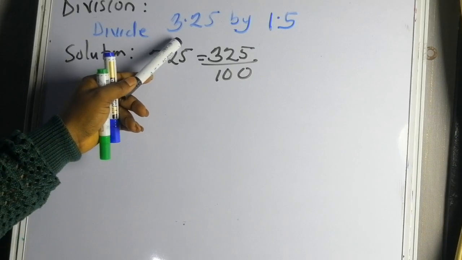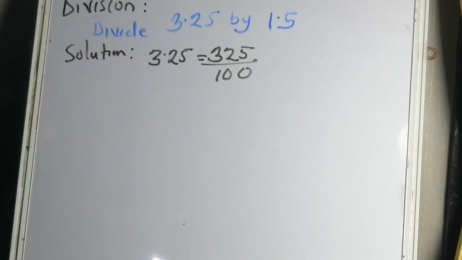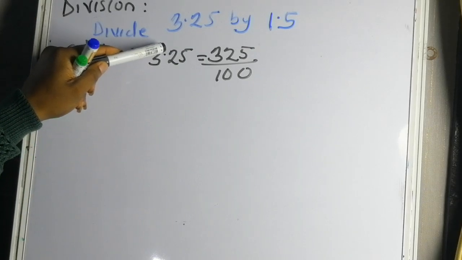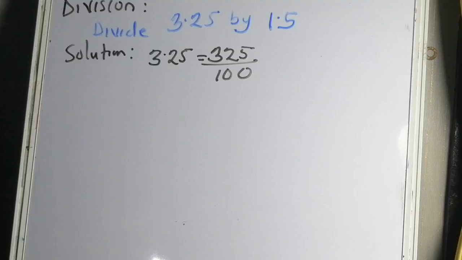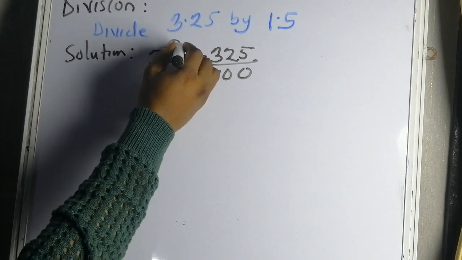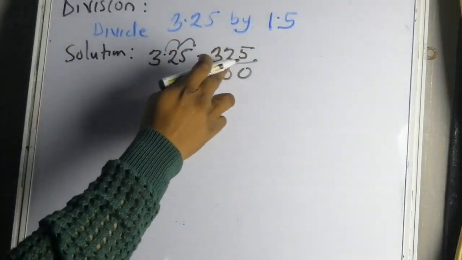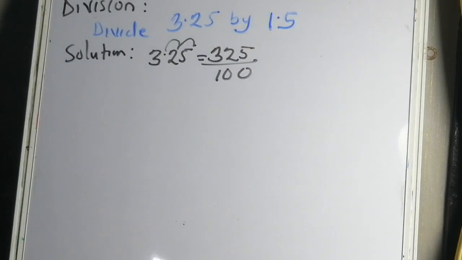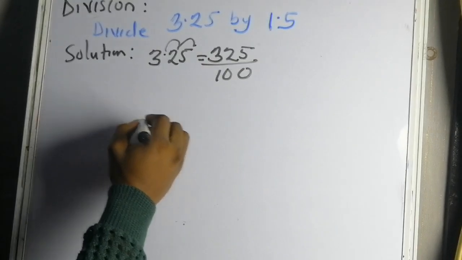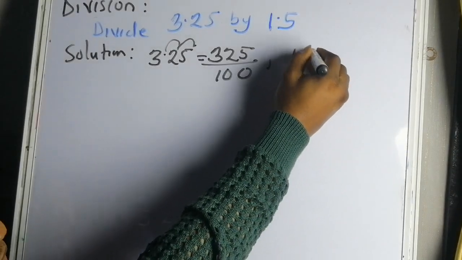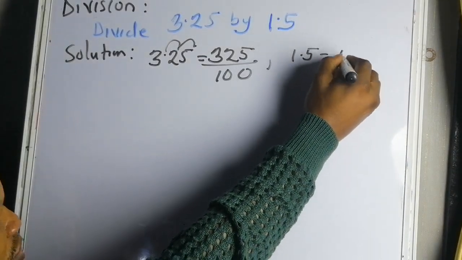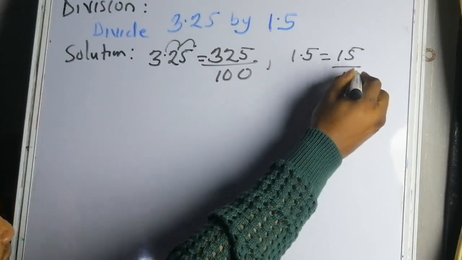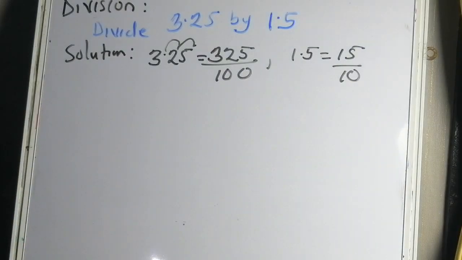You take the point two times to make a whole number. So this point is moving 2 times, so 325 divided by 100. If you press your calculator, you will still get the same thing. The same thing applies to 1.5, which equals 15 over 10.